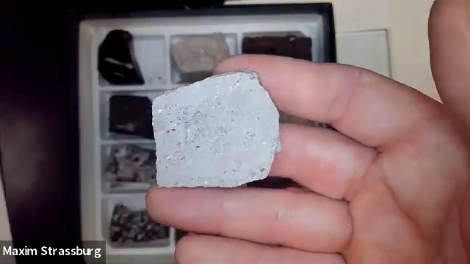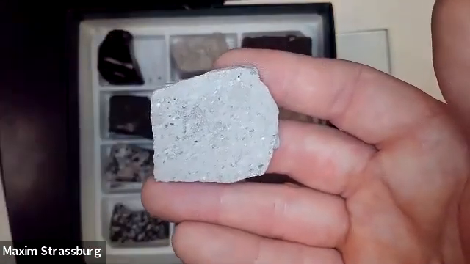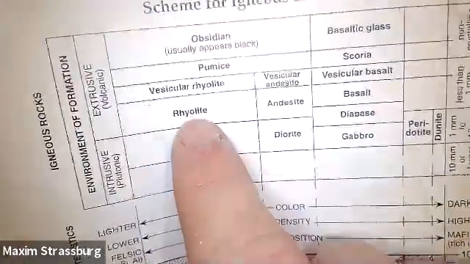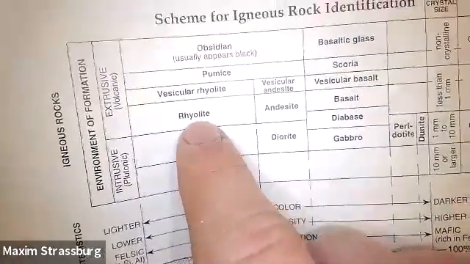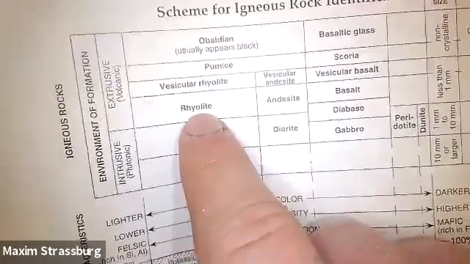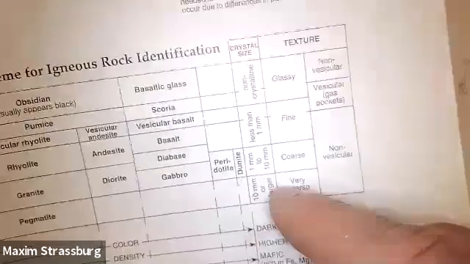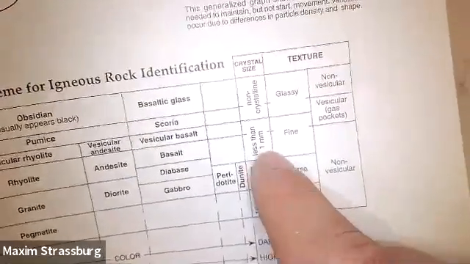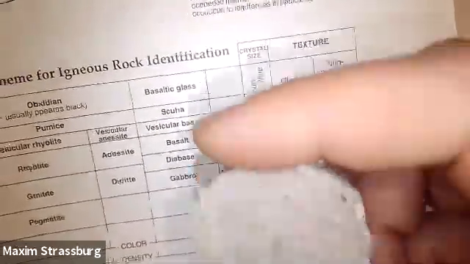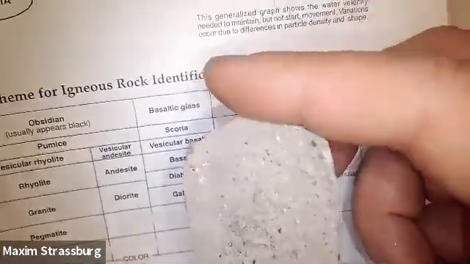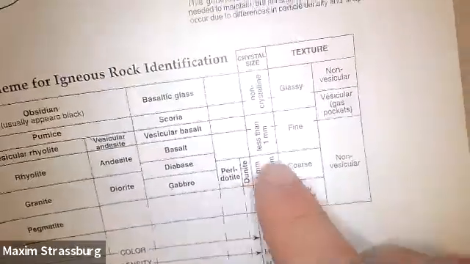Okay, so the sample right here, it's got some crystals in it. It's lighter in color. It's fine in texture. I have a suspicion that this rock may be a rhyolite. Rhyolite, if it fits, will fit all the other markers here. So I'm going to look over. Yeah, if it has any crystals, they definitely are less than 1 millimeter, except for some of the little porphyries inside of it, which are still very, very small.